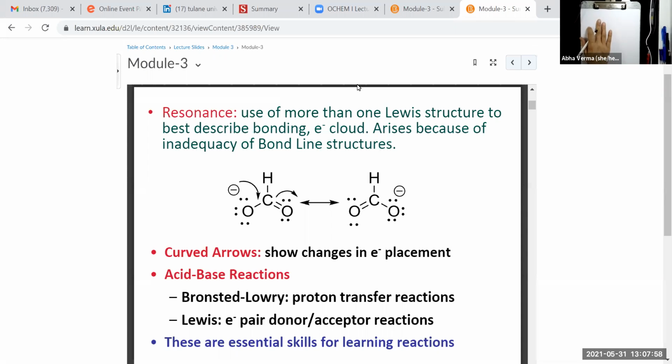Now, when we talk about any chemical reaction, we are always looking at movement of electrons. And why does any reaction occur to begin with? If something is very reactive or unstable, it will want to become stable.